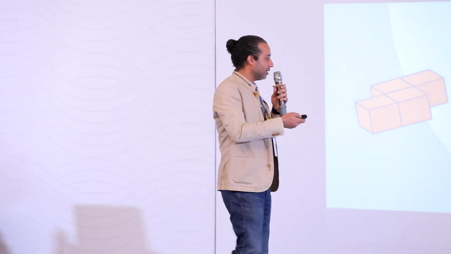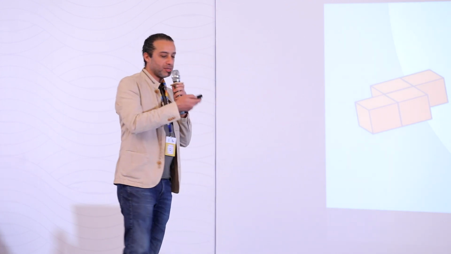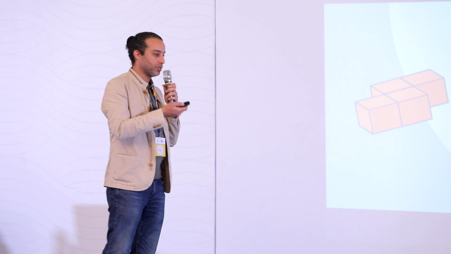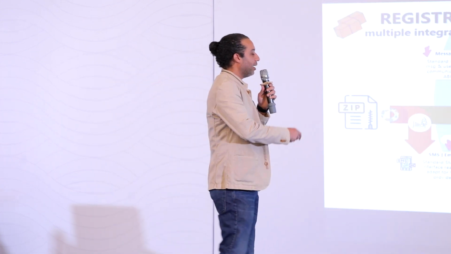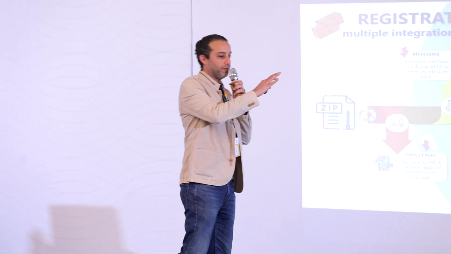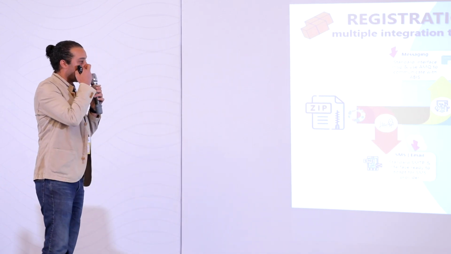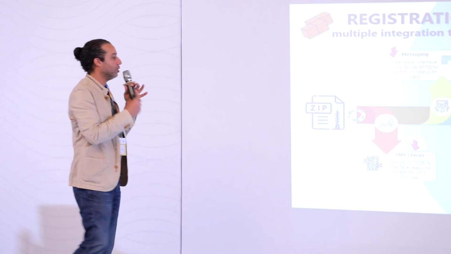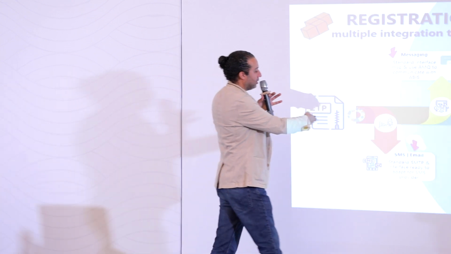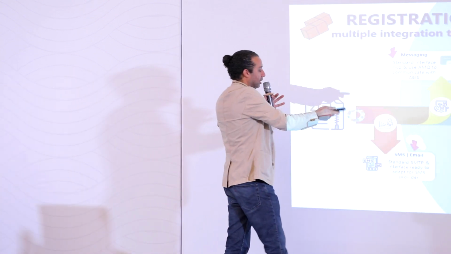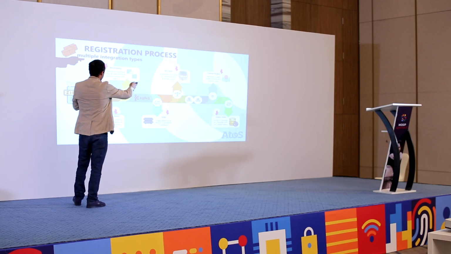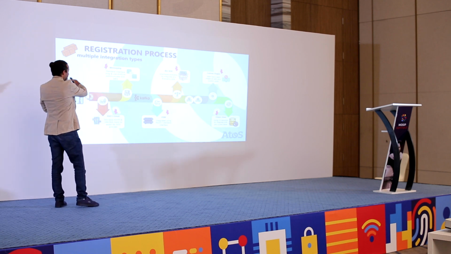Okay, going to the next step, which is the registration process. The registration process is a core part of MOSIP. I have put some of the things that we can integrate here. Let's say this is the registration processor. We have the packet coming.